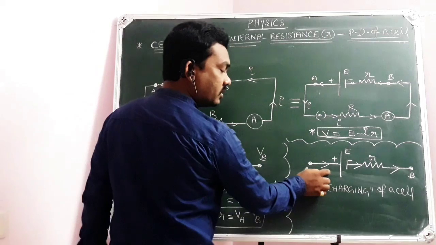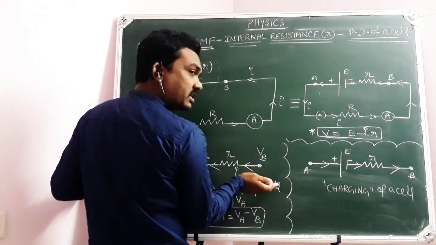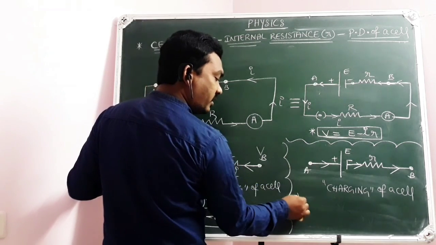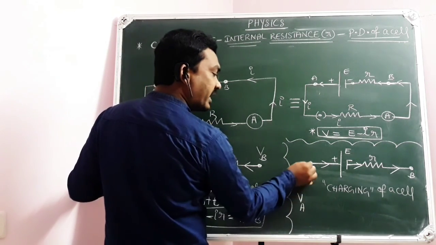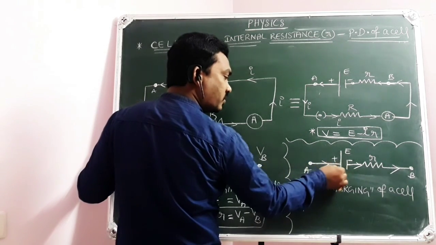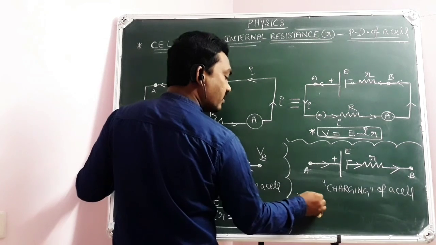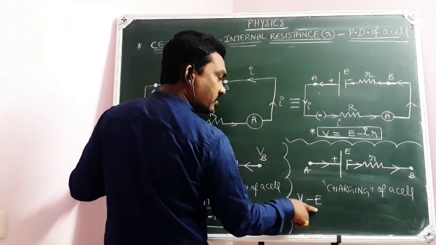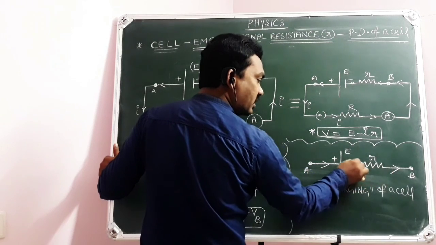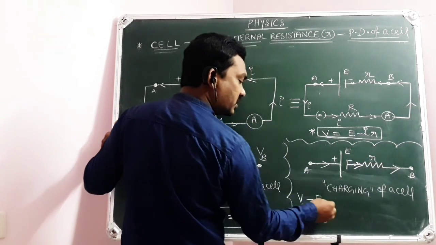But see here, in this equation, this is called charging of a cell, where current is being sent into the cell. Then you start here at VA, moving in the direction of current. While moving like this, from positive potential to negative potential there is a drop, so minus V. Now here, you are moving across the resistor in the direction of current, so high potential to low potential, a drop.